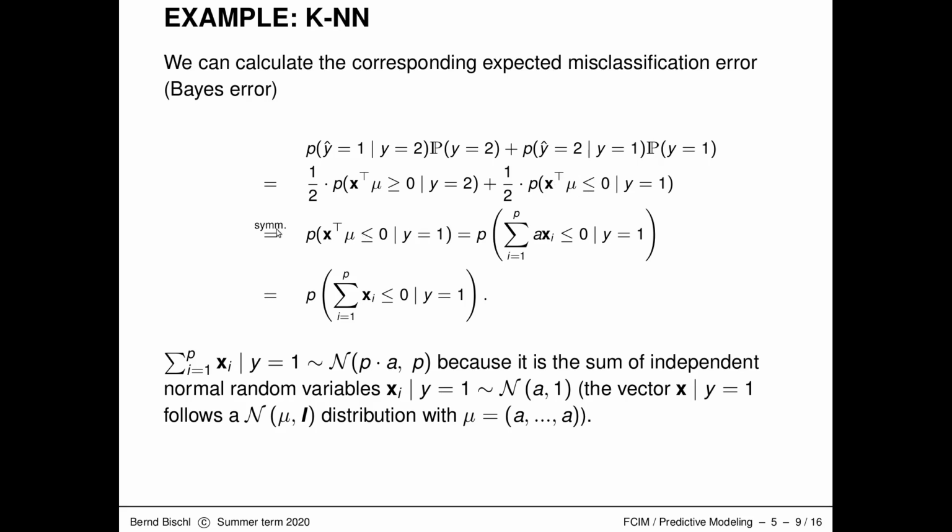And because of symmetry, we can easily add these two things together and simplify this in this form here. We can now write out what this scalar product means, and also plug in the definition of our mu vector.